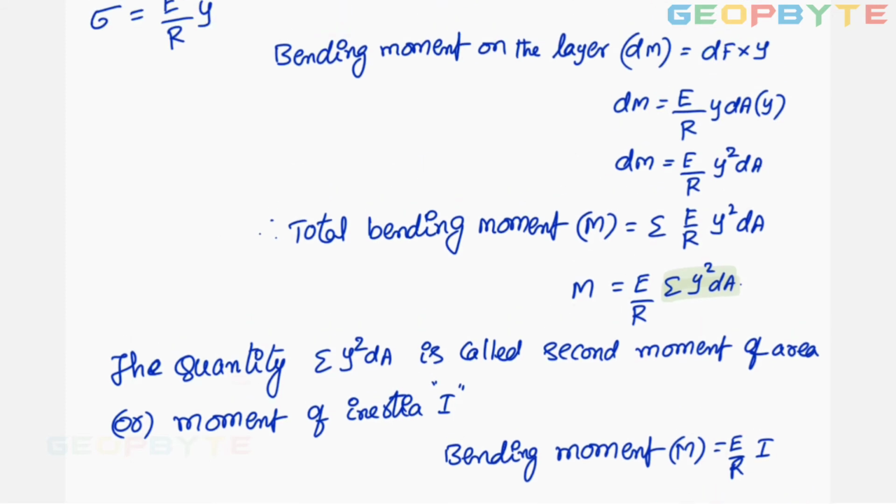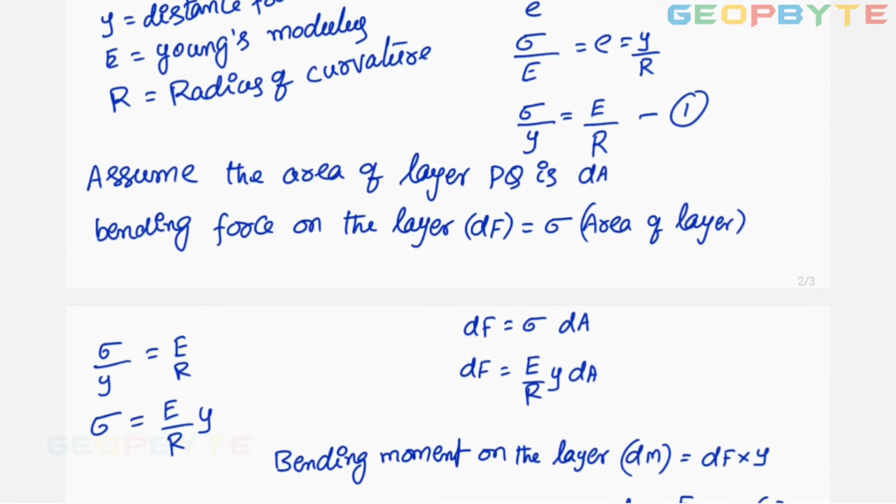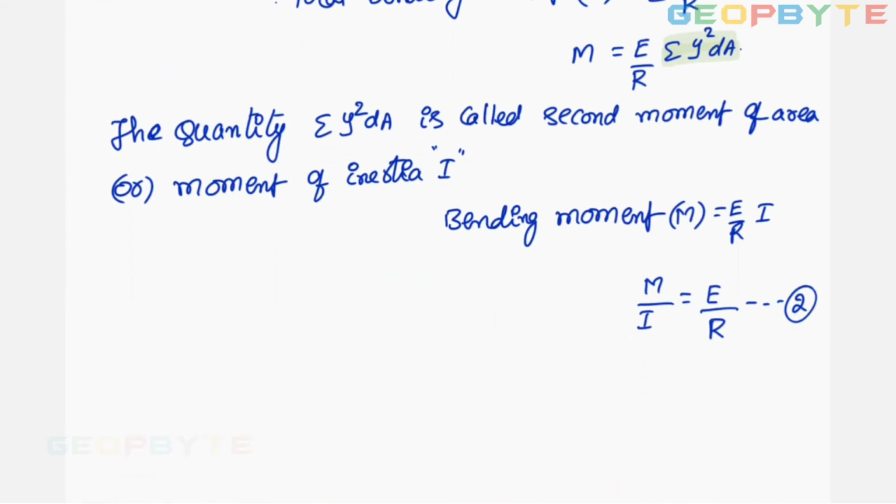Now what is equation 1? Let us go back to equation 1: sigma by y equals E by R, bending stress by y equals E by R. This is equation number 1.